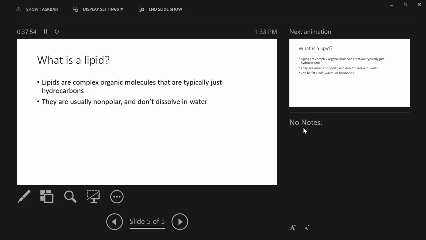Okay, so knowing that that's the case, what types of materials are going to be lipids? What are some things that you know from either cooking or some other experience that does not dissolve well in water? Oil. Oils? Good. Have you ever had Italian dressing, and you have to shake it up before you use it because the oil layer separates from the water layer?